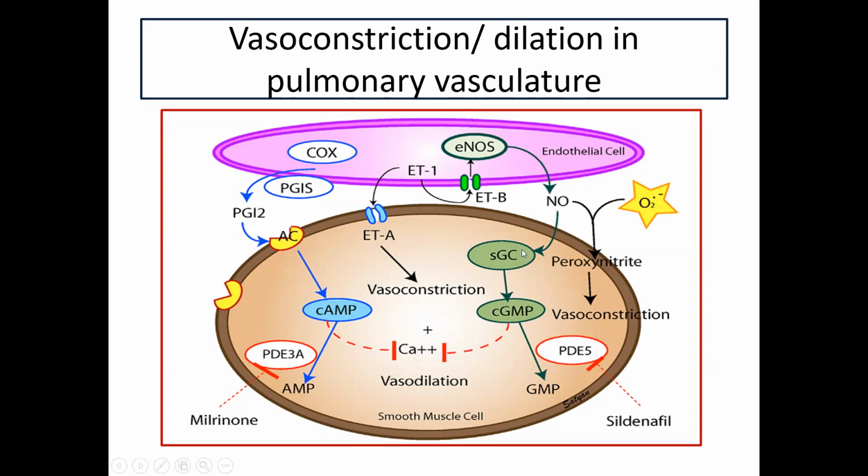And nitric oxide, we shall be discussing a little bit more in detail, is an inducer of soluble guanylyl cyclase, an enzyme that converts GTP into cyclic GMP, which in turn is a powerful vasodilator. It's a smooth muscle relaxant.